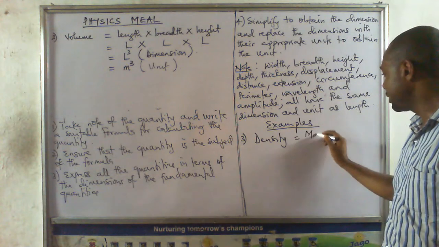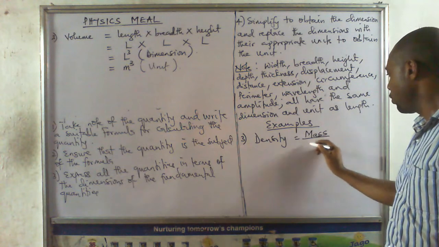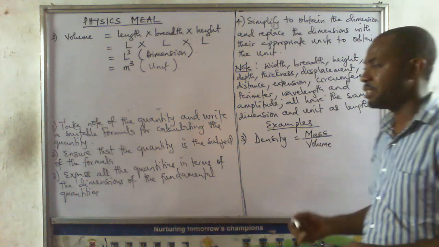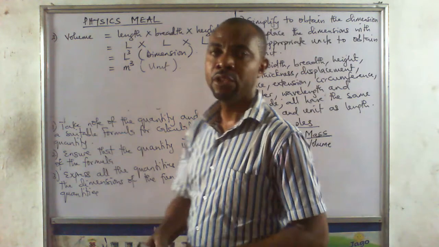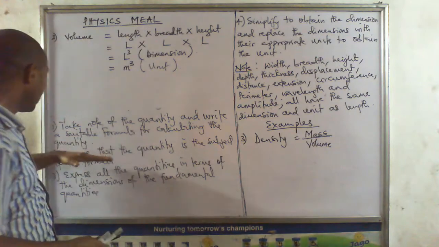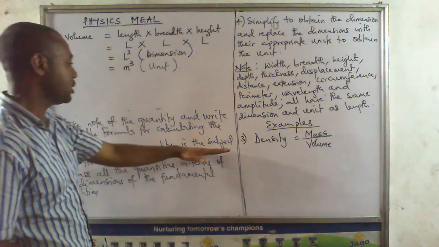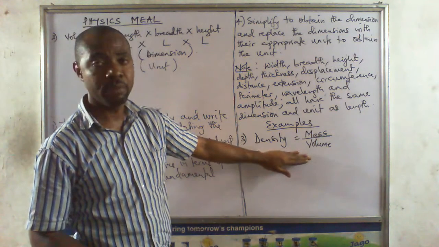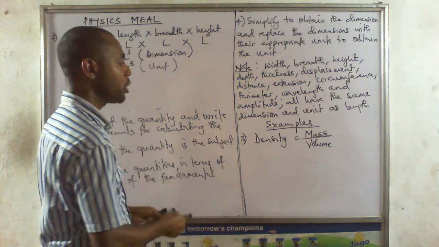Density is mass of a substance over the volume of that substance. So we have written the formula for calculating it. Ensure that the quantity is the subject of formula. Here, density is the subject of this formula. Then we go on.